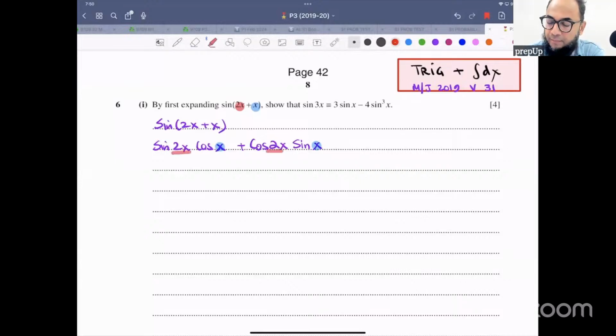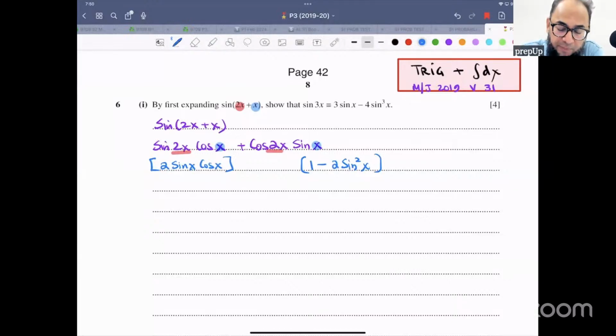Okay. The next thing, I want everything in terms of sine. So first of all, use the double angle formula. Sine 2x, that is 2 sine x cosine x. And cosine 2x, I'm using 1 minus 2 sine squared x. Now, I remember these formulas. Those people who are practicing very well, they also remember it.